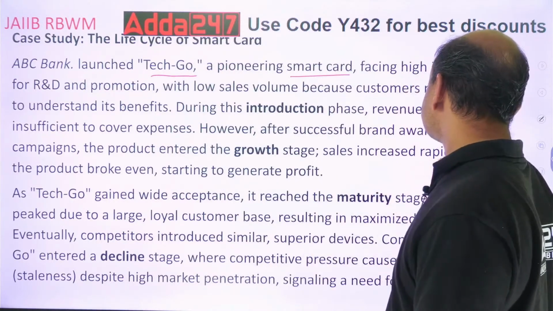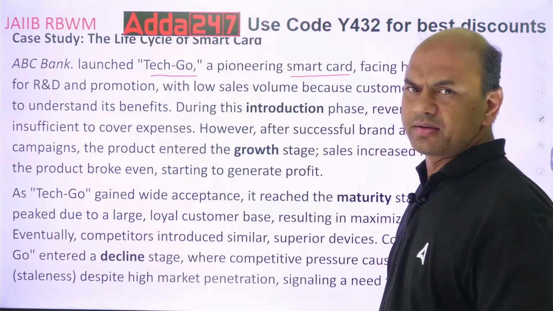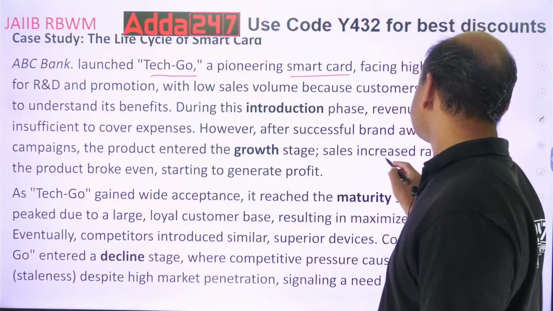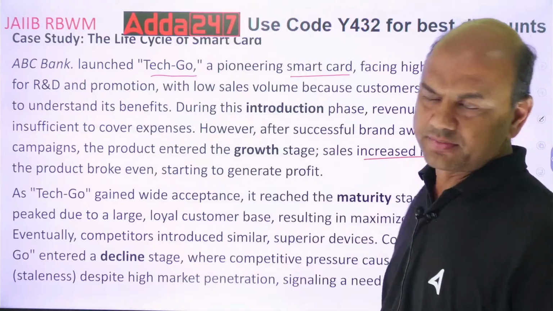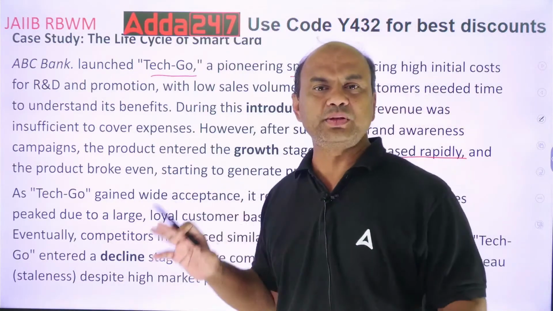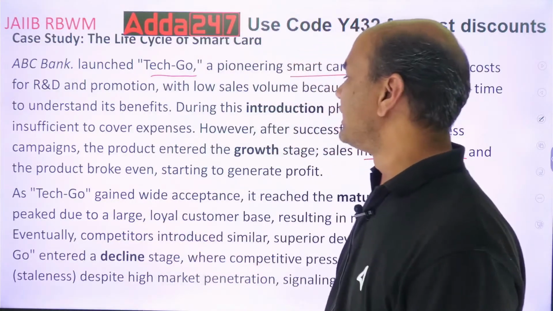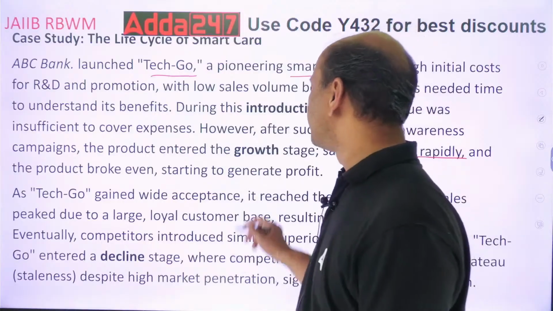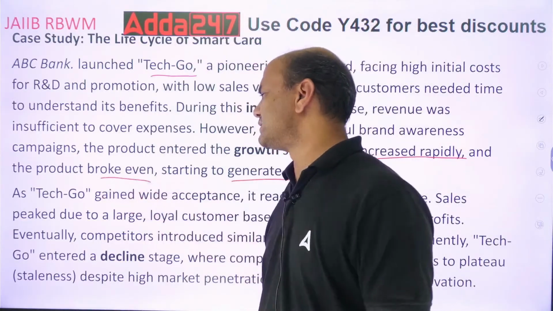Sales increased rapidly and the product broke even, starting to generate the profit, right? So this is a typical quality of growth stage: sales will increase rapidly, and the company started to generate profits. BEP was done, break even was done.